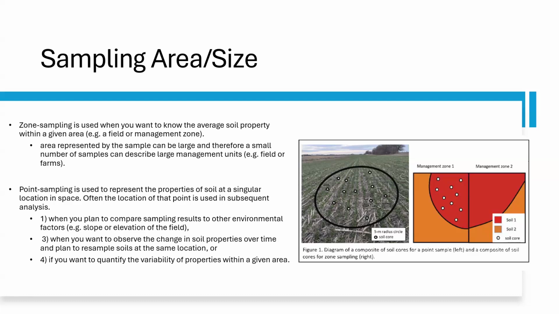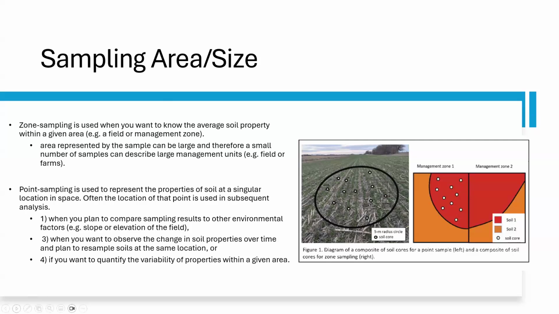Because you are really focused on a particular practice, let's say, or a very specific part of that field, or a specific environmental factor. So again, you have to know why to be able to understand how to best go out in that field and take a soil health sample. And of course, there's plenty of us available to help you figure that out.